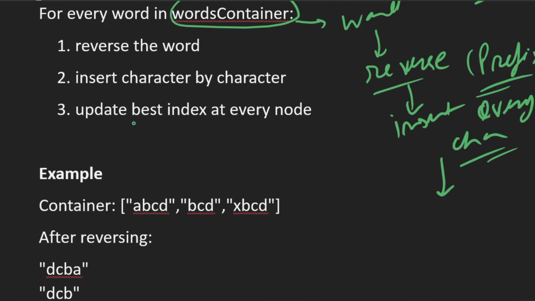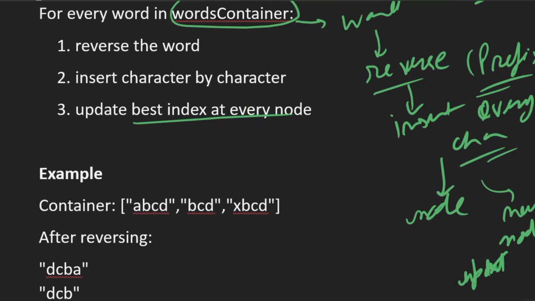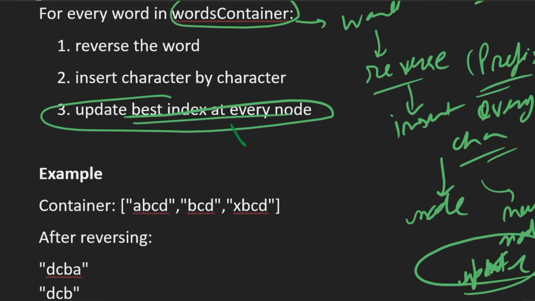If we have a node, then we update the best index at that node. If we do not have a node for a character, then we create a new node and again we update the best index for that node. So updating the best index will happen at every node, right?